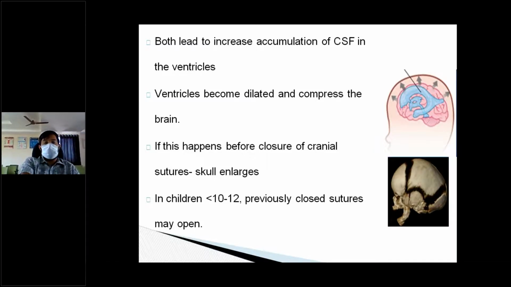In children less than 10 to 12 years, even previously closed sutures may open up again, because in children the suture line is still not fused; up till the age of 14 they won't fuse. So at the age of 10 to 12 years, if they have obstructive or communicating hydrocephalus, the closed sutures, that is the metopic suture lines, may open up. In the picture representation, you may see that the suture lines are opened up in hydrocephalus.